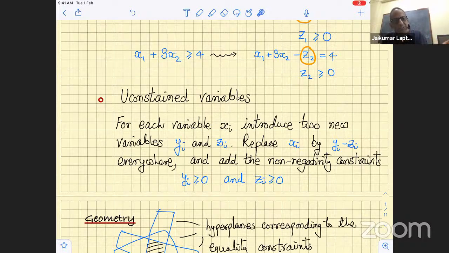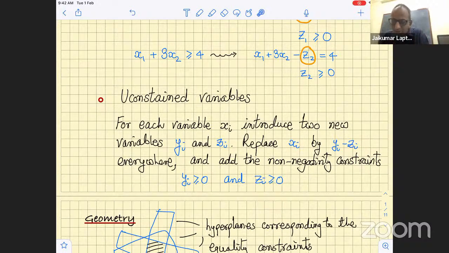That will show that the new linear program achieves a maximum which is at least what was being achieved before, and you can go backwards. If you're given a yi and zi, we can assume one of them is 0 and go back and produce the xi for the original linear program.